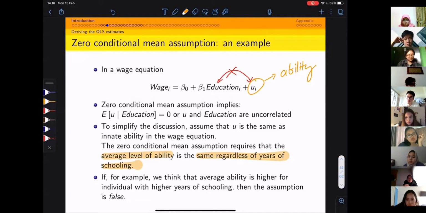So if we talk about it on average, then yes, on average there is a correlation between innate ability and the years of schooling. So in that case the assumption is actually false. The zero conditional mean assumption doesn't hold in this particular case.